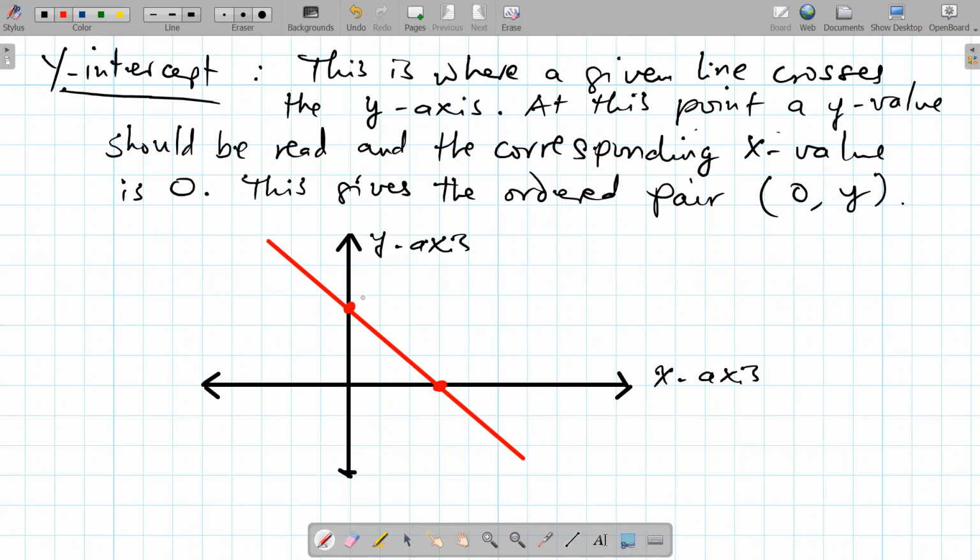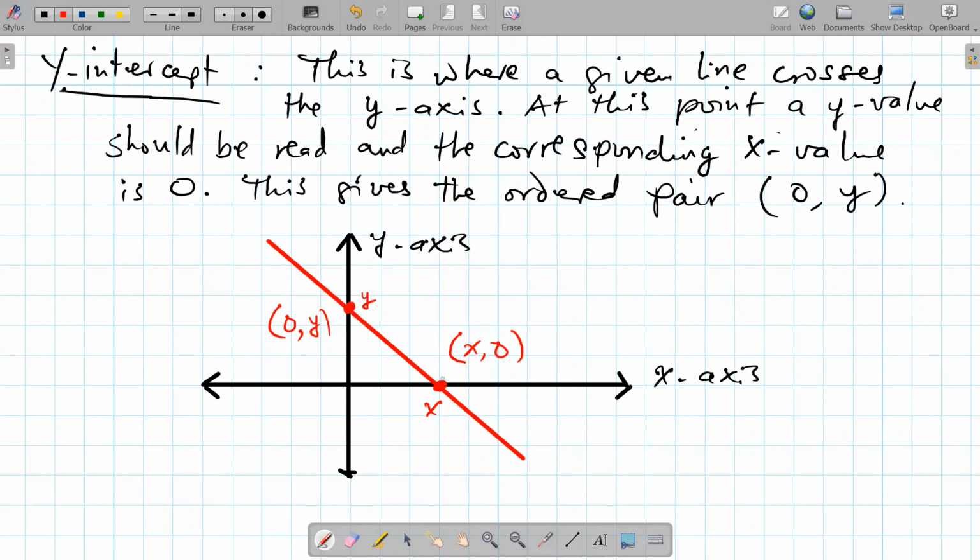So here you have a particular y value here. You should be able to identify it. And then you have a particular x value here. And so the point that is created, which is the ordered pair, is nothing more than the x that we can read, and then the y value is 0. Again, with this here, the point that is created is x is 0 and the y that we can identify.